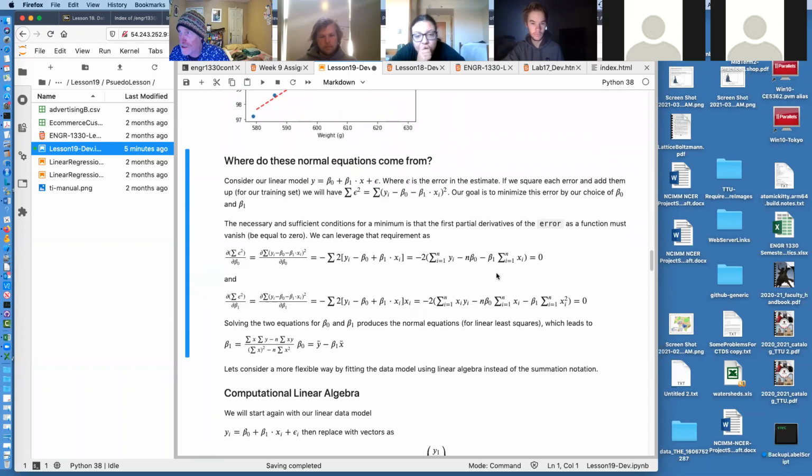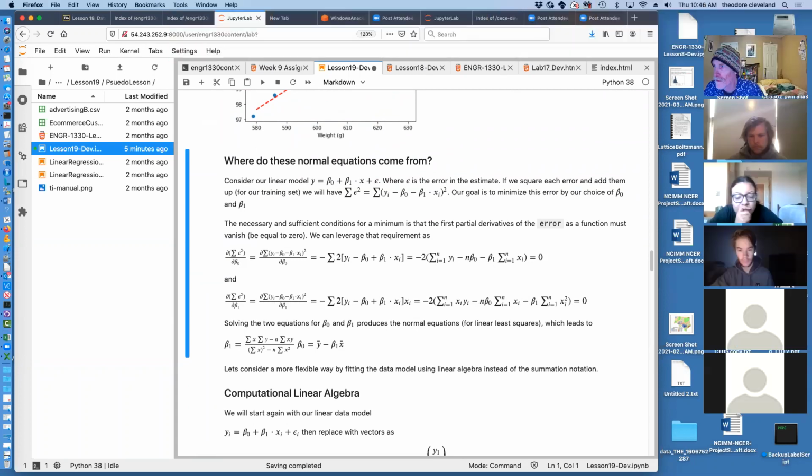So the next question that comes to mind is, where do these equations come from? Well, they came from up there at the top of the notebook, or they come from a statistics book, or they come from somewhere else, but I certainly can't create them, which is not true. Let's go back to our linear model. Y equals beta 0 plus beta 1 x, and now we're going to add this error term.